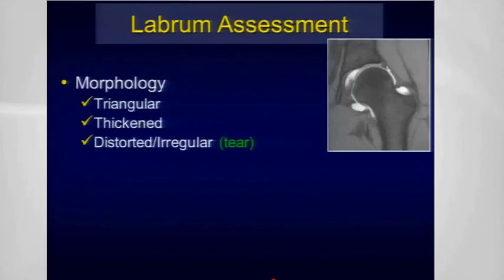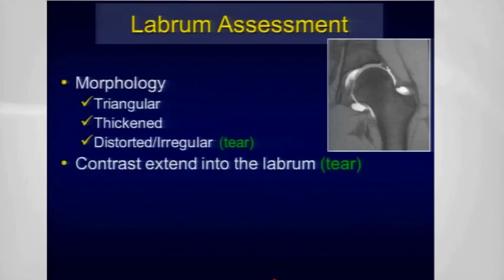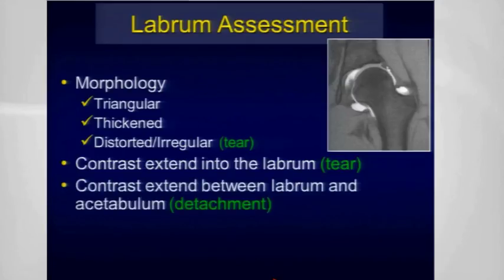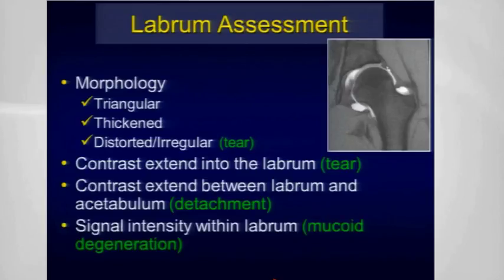Is it distorted and irregular, representing a labral tear? Does contrast extend into the labral substance, representing a tear, or does it extend between the labrum and the acetabulum, representing a labral detachment? Oftentimes the words tear and detachment are used interchangeably, especially in the orthopedic literature.